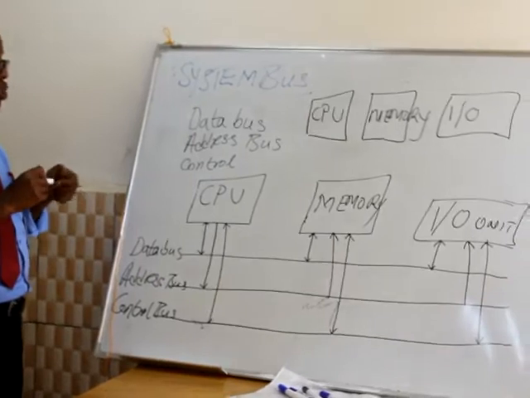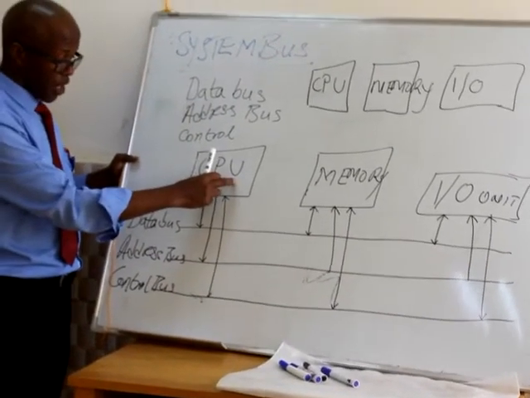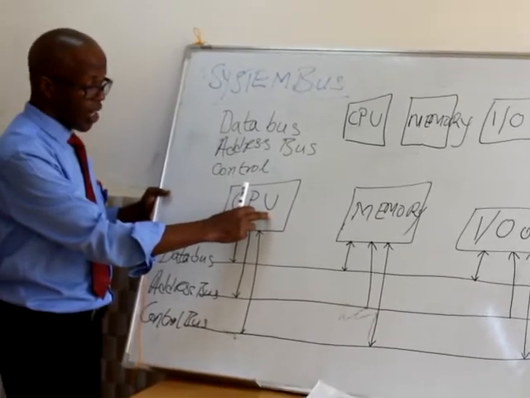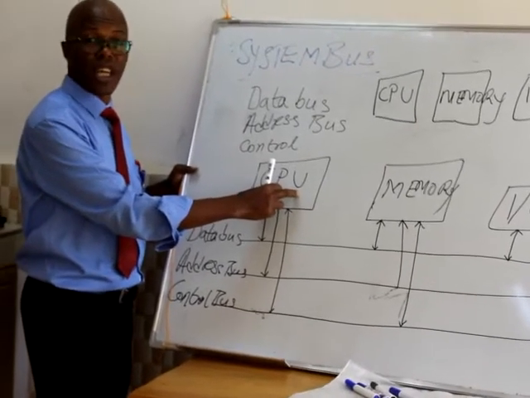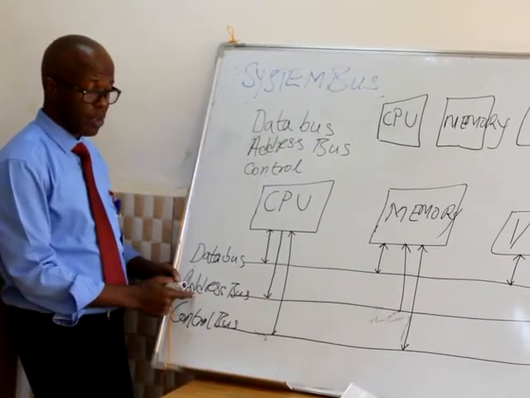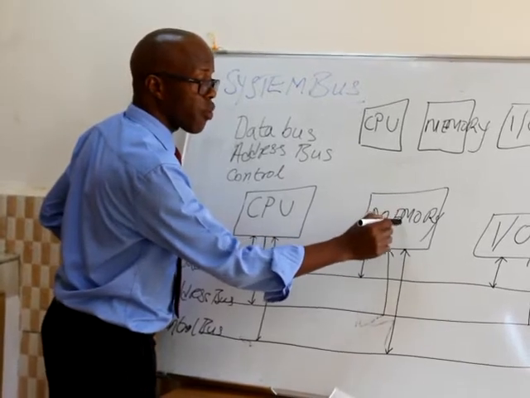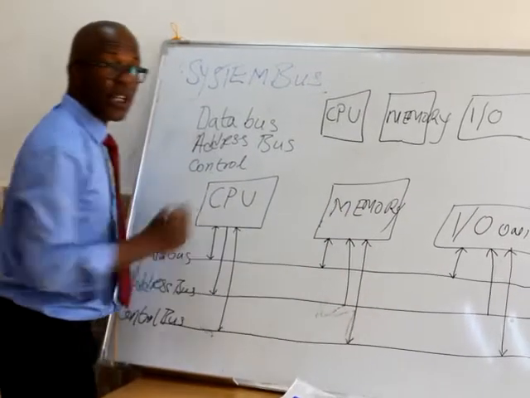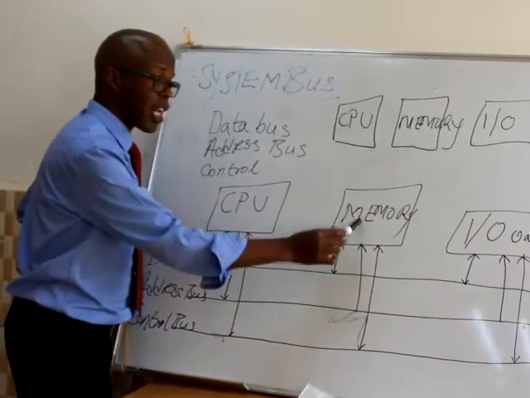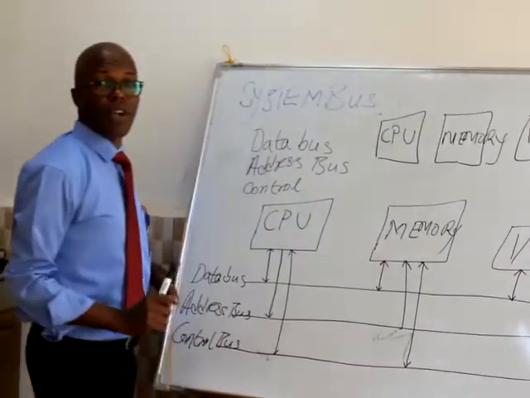Briefly, as I told you, when the CPU requests data from the memory, it sends a signal to the address bus. The address bus will go and look for the data location in memory or in the input-output device.